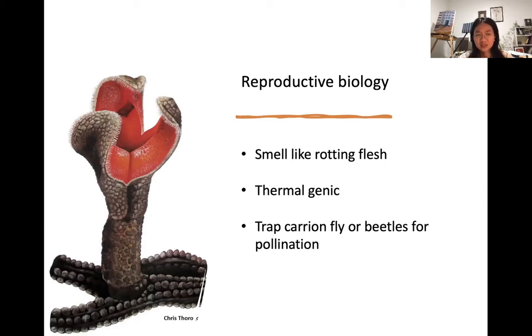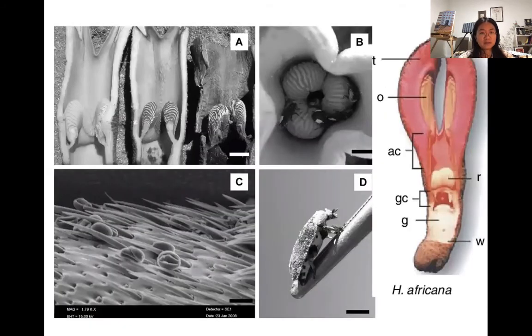And this plant is also hypothesized to be thermogenic, meaning that it can produce heat to keep itself warm. And the really foul odor that it releases during the reproductive phase is to trap carrion flies or beetles for pollination.